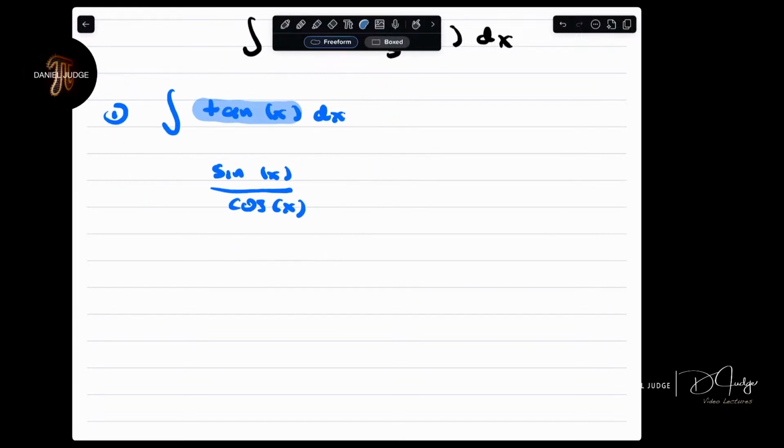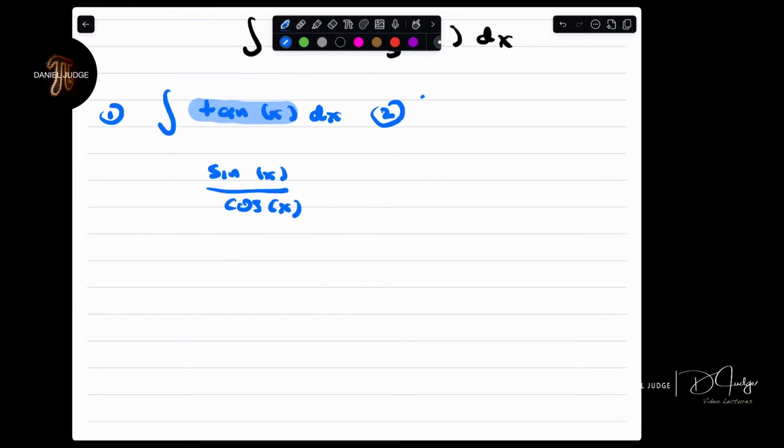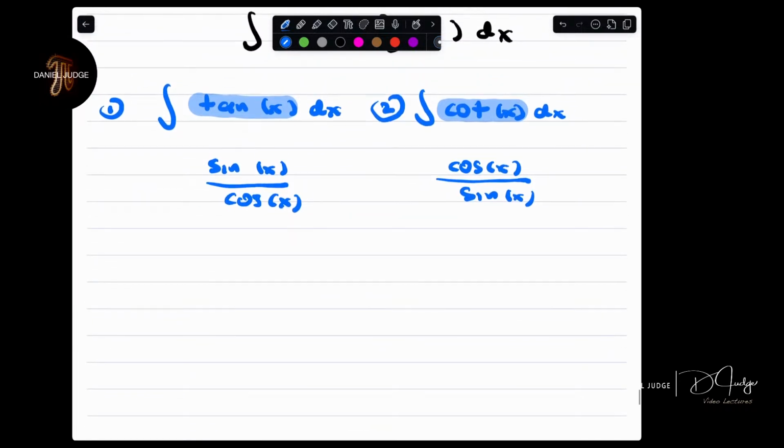Now, just to do a really brief compare and contrast to the eventual integration of cotangent that we will work with, you're going to do the same idea, but you replace cotangent with its identity of cosine over sine here. So we're just going to compare and contrast these two very classic questions. And let's try to integrate these, okay?